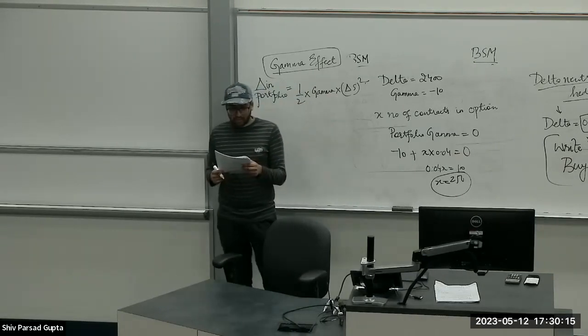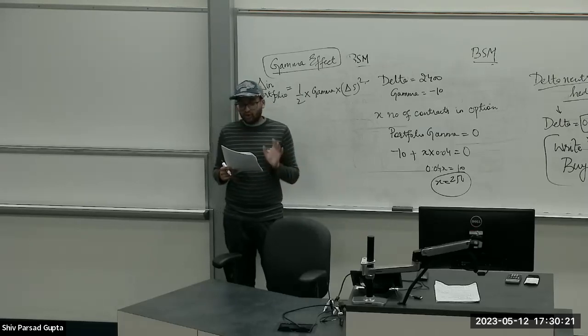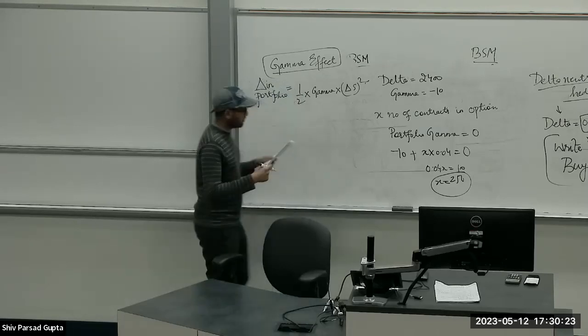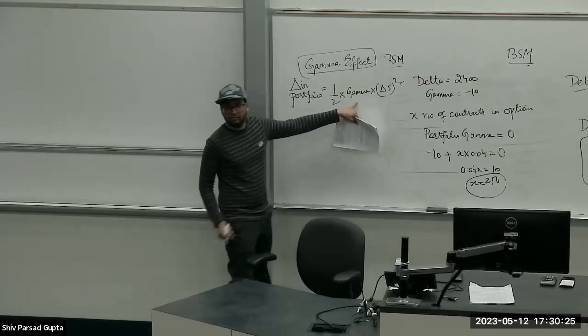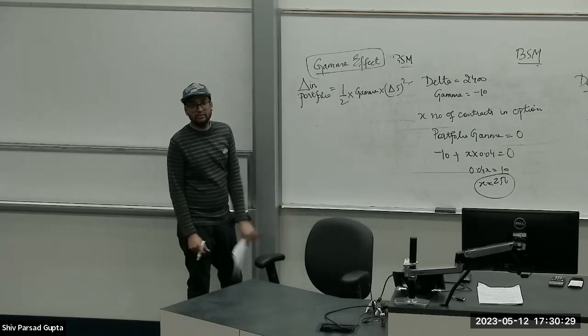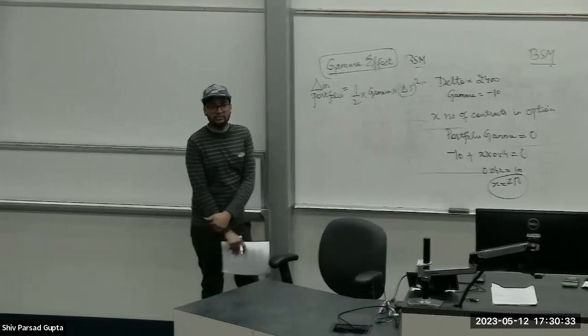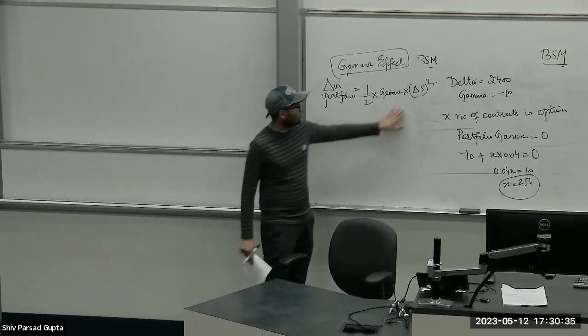Option C: a big positive value for gamma indicates that a big movement in the asset price in either direction will lead to a loss. So if gamma is positive, the portfolio will increase or decrease? It will increase, because the whole value will be positive.